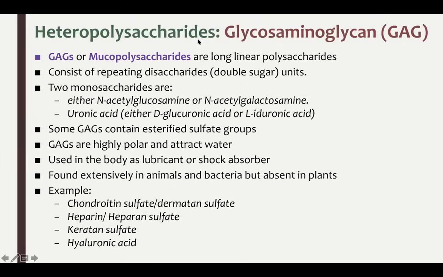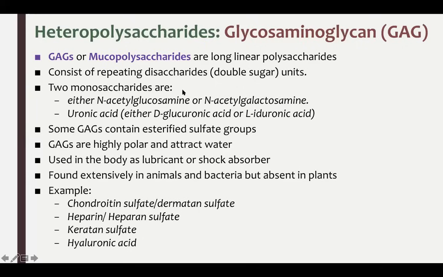Heteropolysaccharides are sometimes called glycosaminoglycans, or GAGs. They are also termed mucopolysaccharides. They are long linear polysaccharides containing repeating units of disaccharides, or double sugars. That means there are different monosaccharide units, because in heteropolysaccharides the monosaccharide units are not the same type but different.